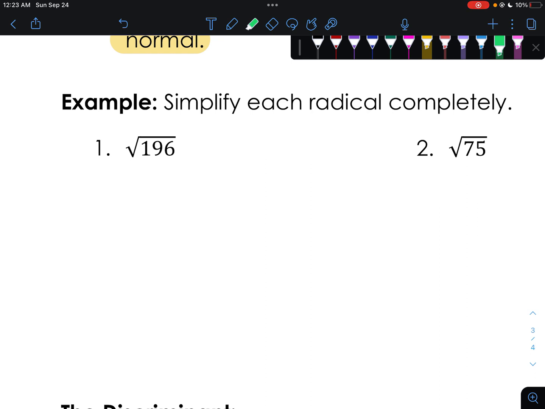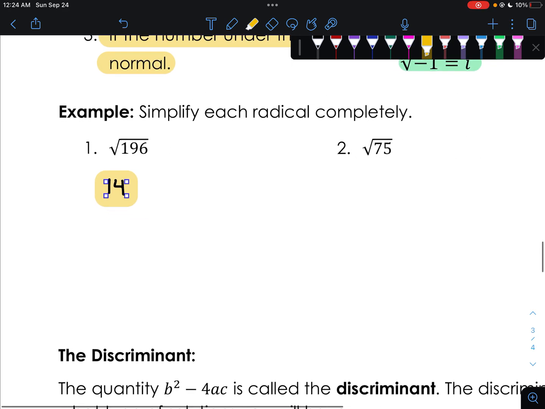If I check the square root of 196 in my calculator, it tells me it's perfect, and my answer is just 14. When it's perfect and you type it in, you get the exact answer with no additional work. But when I type in the square root of 75, it gives me a decimal, so I know it's not perfect, which means I need to break it down.